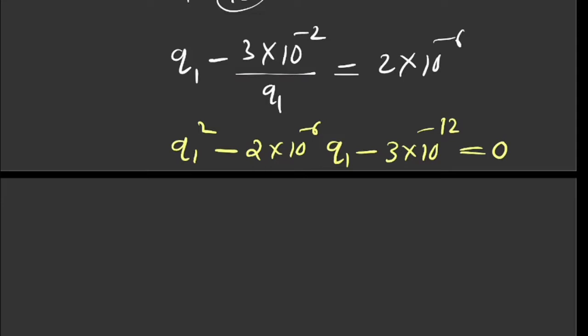Now see, we have a very important quadratic equation: q1 square minus 2 into 10 to the power minus 6 q1 minus 3 into 10 to the power minus 12 is equal to 0.